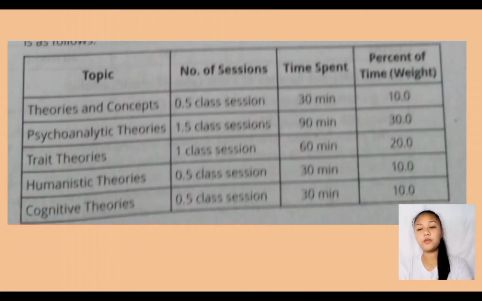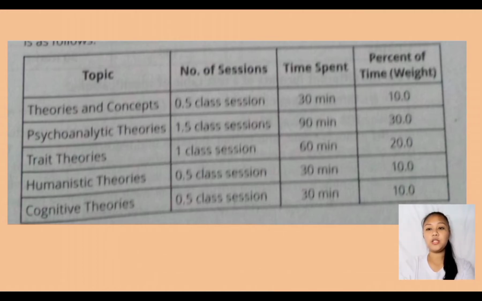Let's proceed for the example of table of specification. Topic: theories and concept. Number of session 0.5 class session, and the time spent is 30 minutes, and percent of time or weight is 10.0.